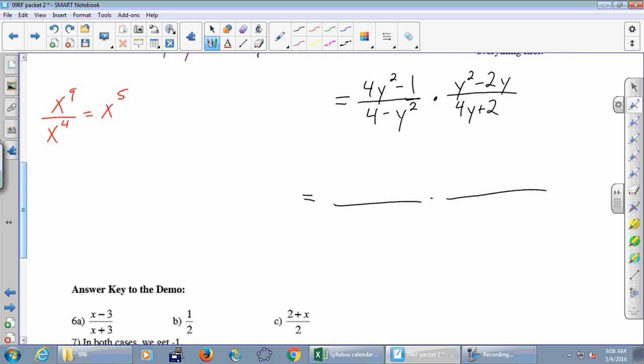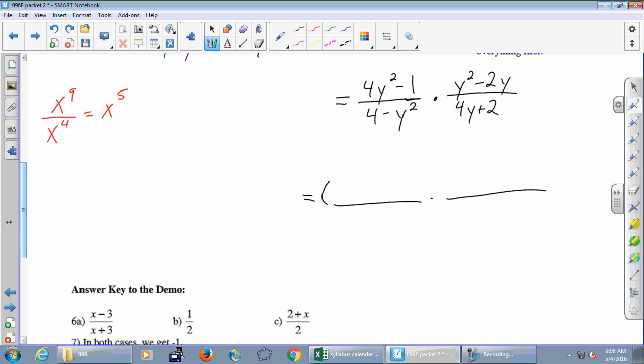So 4y squared minus 1, I'm going to run through my same 3 factoring options. It's always the same 3 things and always in this order. Greatest common factor, what is it for those 2 terms on top? It's 1, so that's not helpful. Is it a difference of 2 squares? Actually, it is. It's 2 terms. There's a subtraction sign in between, and both of these guys are perfect squares.